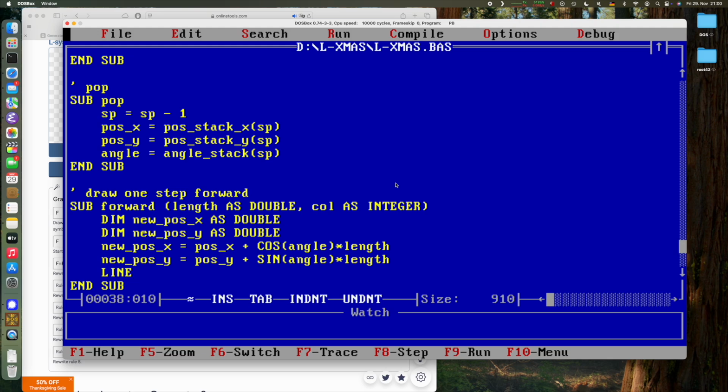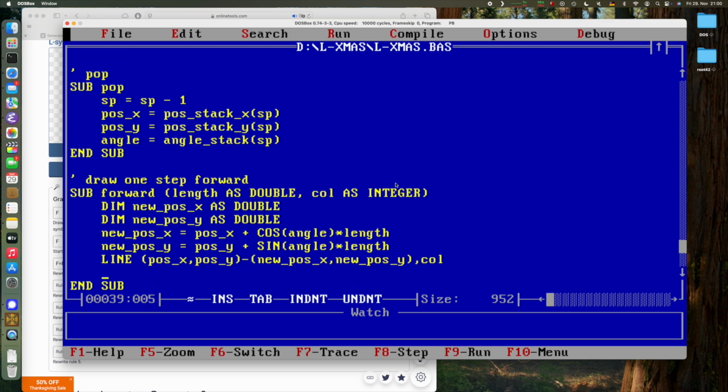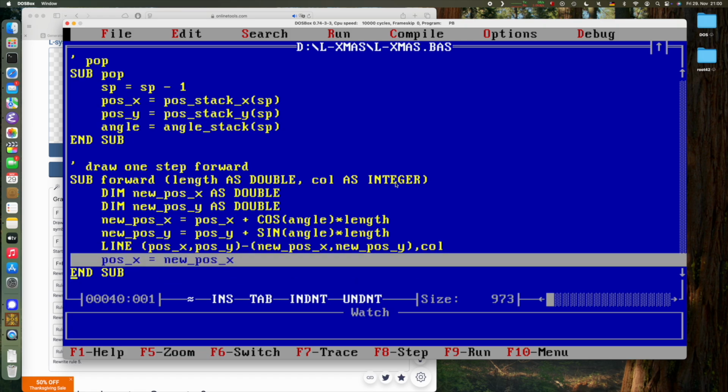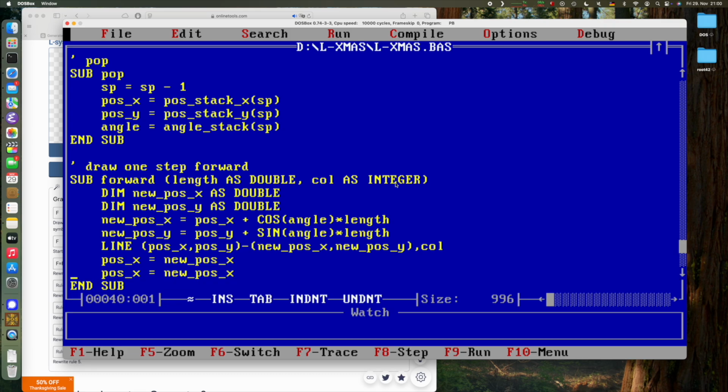And then we can draw the actual line from the old position. And in BASIC you take these tuples and write a dash, so it's line from point A to point B. Very intuitive, I would say, using the color that we got. And then we have position x is the new position x. And the same, of course, for the y position.